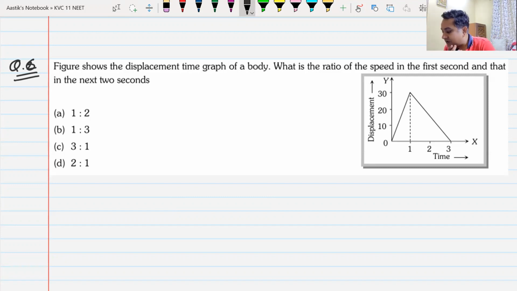What is the ratio of speed in the first second to that in the next 2 seconds? Yes, my dear friends, do we have an answer?